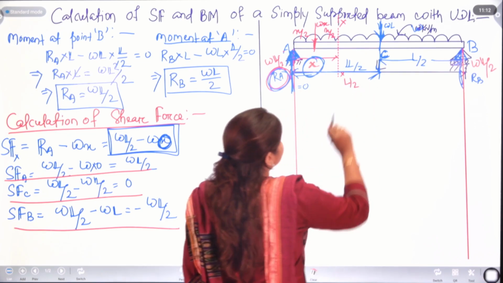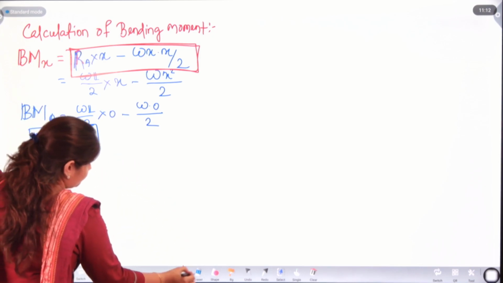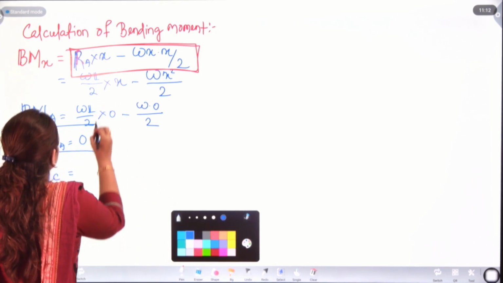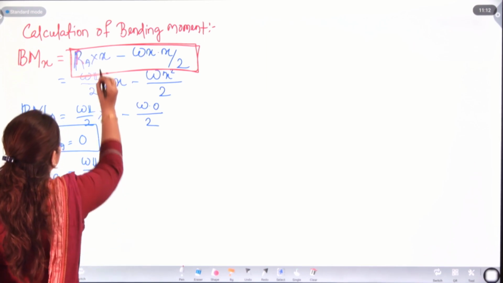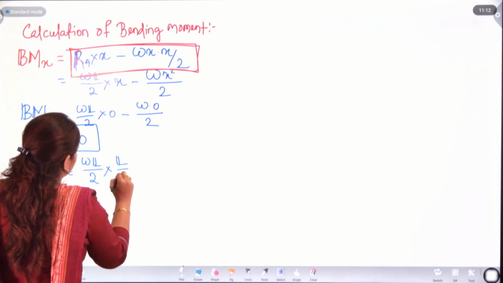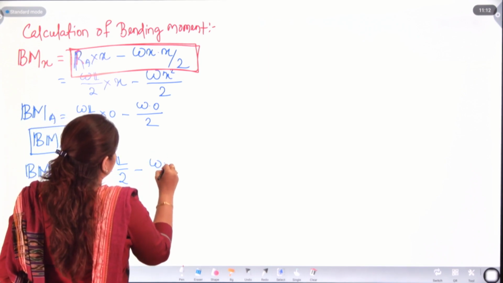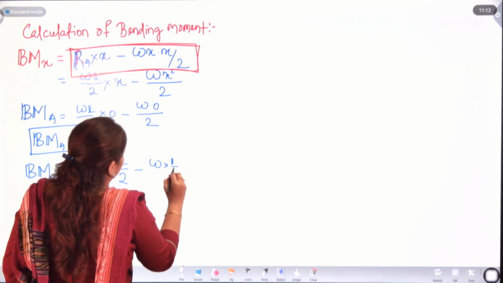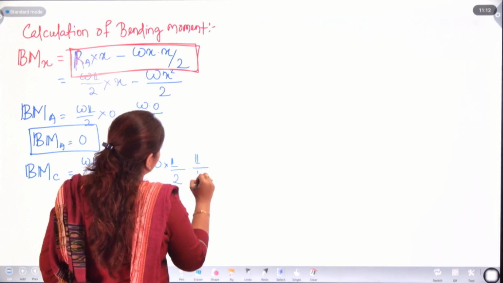L by 2. Let's put that. So, here WL by 2 into L by 2 minus W into L by 2 into L by 4.